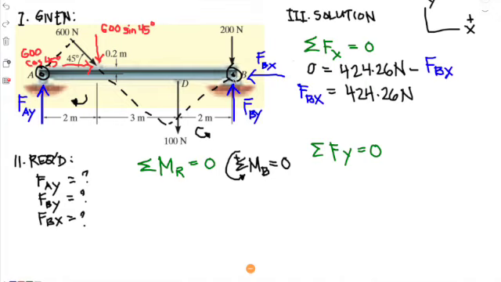So we will do a summation of moments at point B wherein the counterclockwise moments are positive. So let's identify which are the counterclockwise moments. So 0 must be equal to, we have there 100 newtons that will turn B counterclockwise, so it's positive. We have 100 newtons times 2 meters.